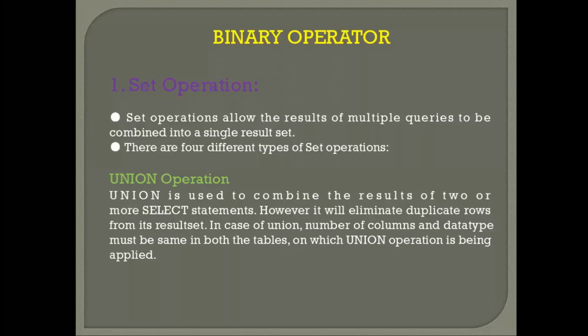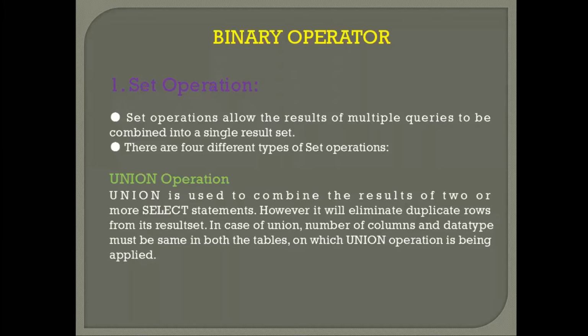Suppose you have table A and table B. Union will combine both tables, all the records from both, and it will eliminate the duplicate rows. Something that is duplicate in both will show only once.